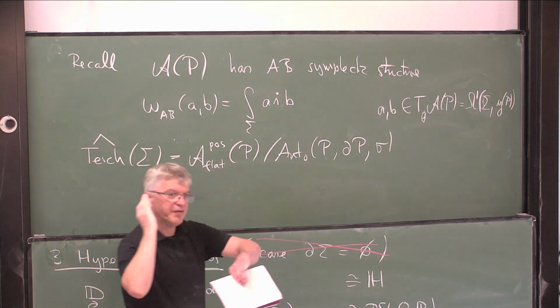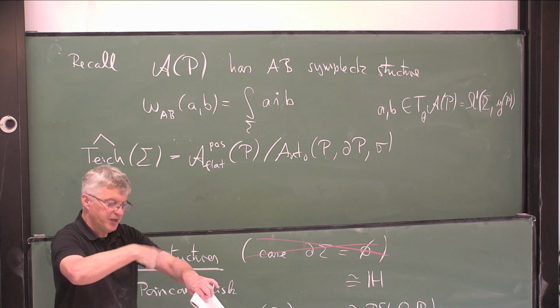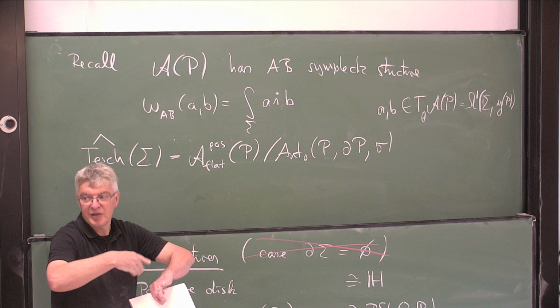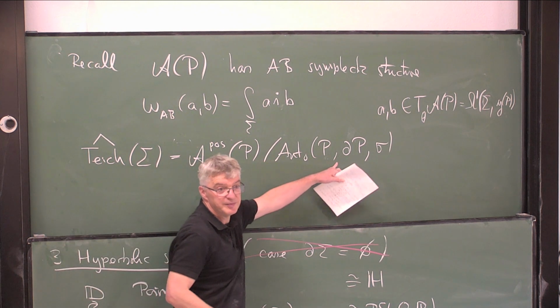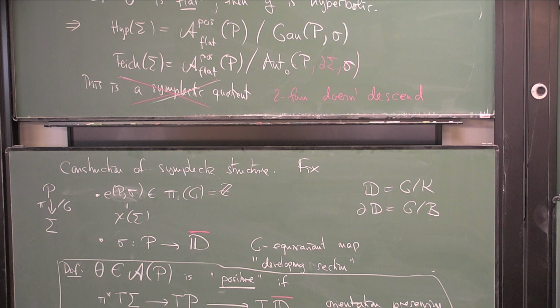Really everything is along the boundary. If it fixes the boundary pointwise, there could still be a gauge transformation over the boundary. That's the problem, and here we don't allow that. So this space we can consider. This is a symplectic portion, a symplectic quotient with this group.